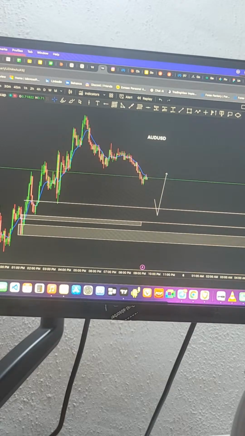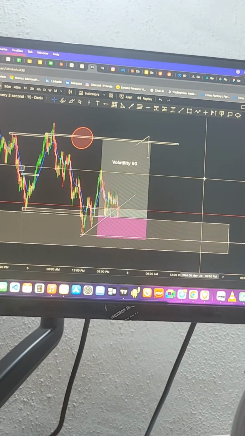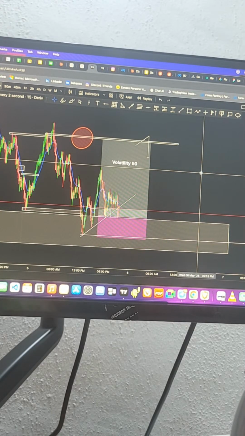If you want to start trading synthetic indices, it works 24/7, and it is very volatile, so it moves very fast, especially if you are trading Volatility 75 and Volatility 50 index. You can catch a whole lot of pips. That's why I love trading synthetic indices.